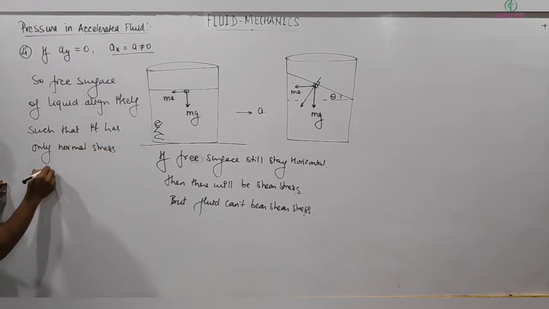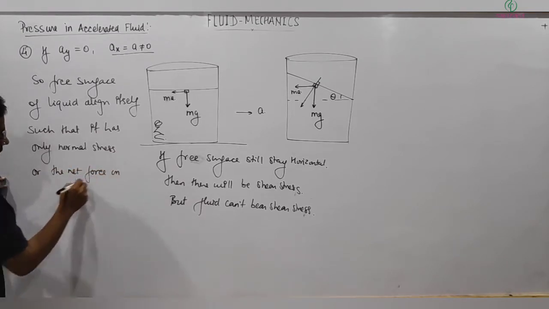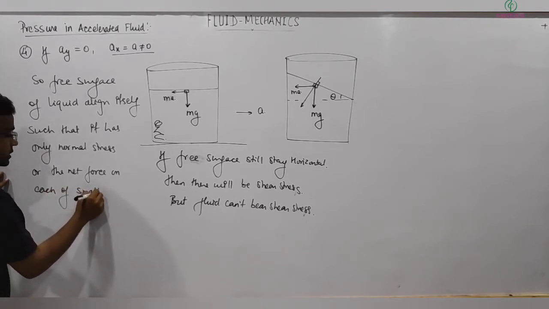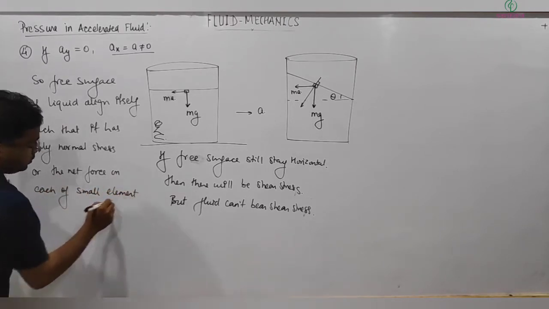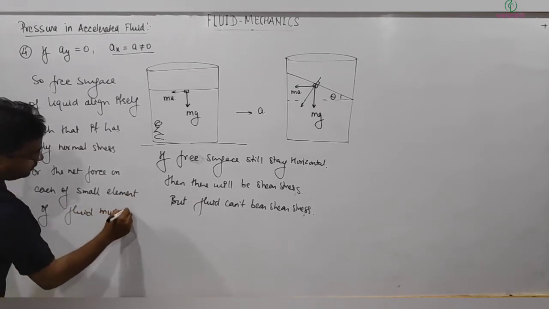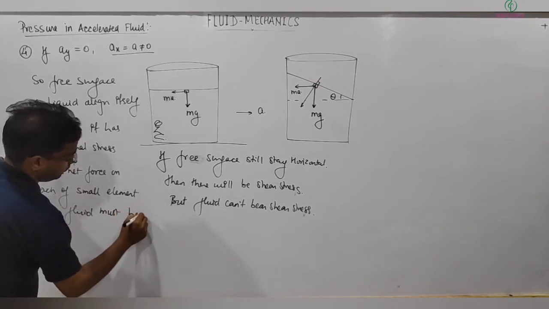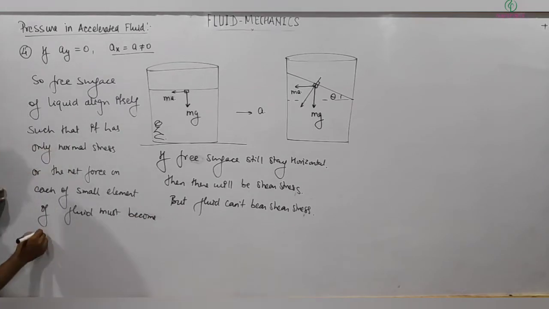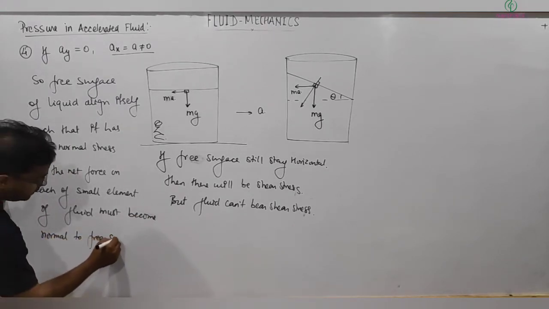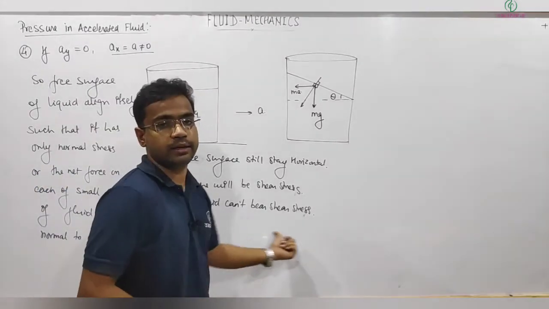The free surface of liquid aligns itself such that the net force on each small element of fluid must become normal to the free surface, so that it's not violating the definition of fluid.